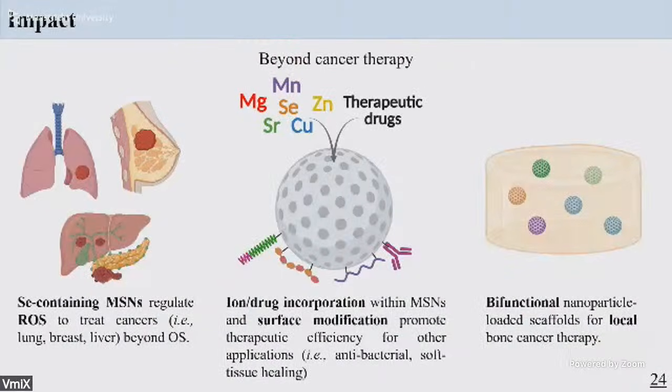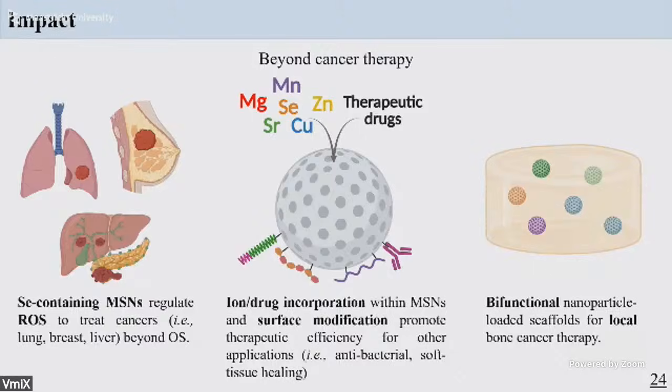Further, I would like to highlight the impact of this thesis. First, the selenium-containing MSN developed in this work provide great ROS upregulation ability, which can be extended to other cancers beyond osteosarcoma. Second, this thesis introduced innovative nanoparticle engineering strategies, including ion and drug incorporation and surface modification, to enhance the therapeutic effectiveness of MSN.